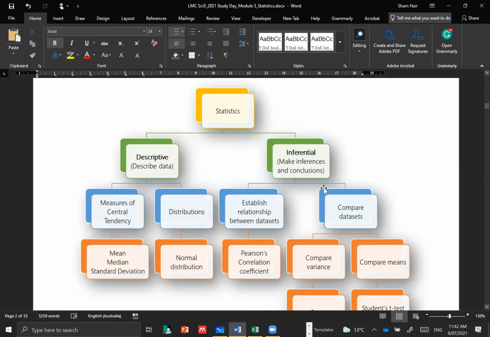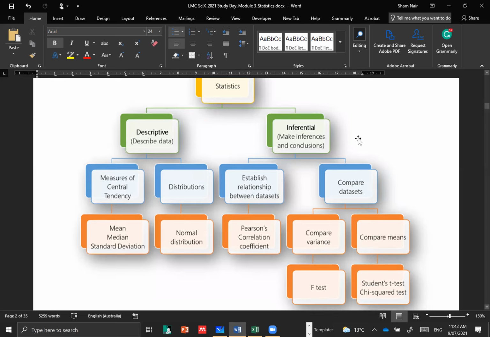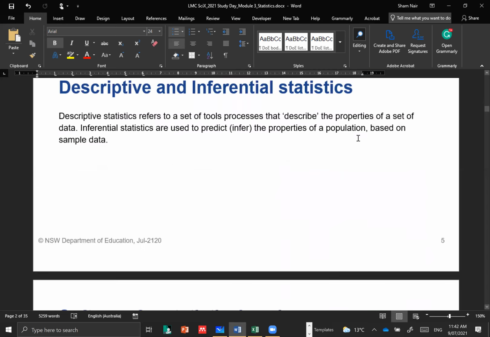And once again, for our syllabus, you need to know that inferential tests are used to either establish relationships, which means correlation, or where you compare different data sets. That means comparing means or variances. So in a nutshell, that's what module 3 is all about. So in terms of understanding how statistical tests are done, just know that we have descriptive and inferential. And I'll go through some of these tests in just a bit. Okay, so that's descriptive.